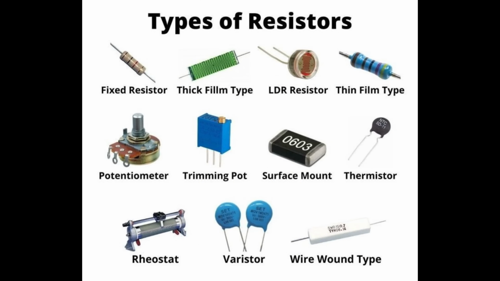Now we're going to cover some common resistor types. If you look at the screen, you will see, I think, 8, 9, 10, 11 different types. We have fixed resistors, thick film resistors, LDR, which is a light detecting resistor, thin film types for precision resistors, potentiometers for like volume control, things like that, trimming pots used for precision calibration, surface mount are used in high density populated boards to save on land area.